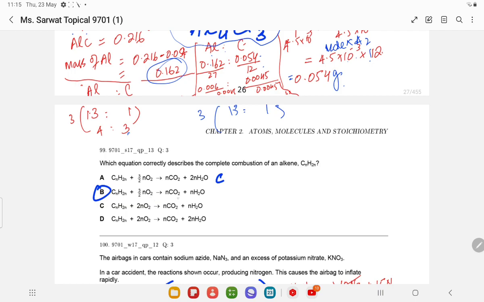So by balancing with 3/2, the number of oxygen atoms on the product side is equal to the number of oxygen atoms on the reactant side. So this reaction is the correct option.